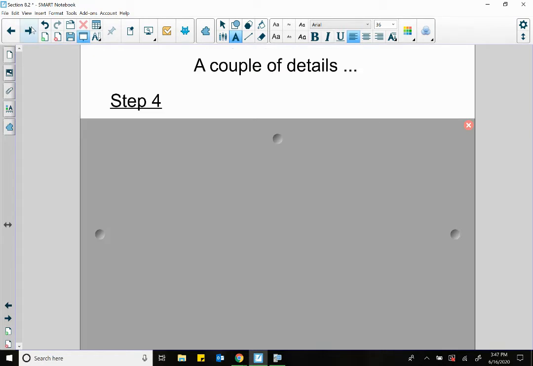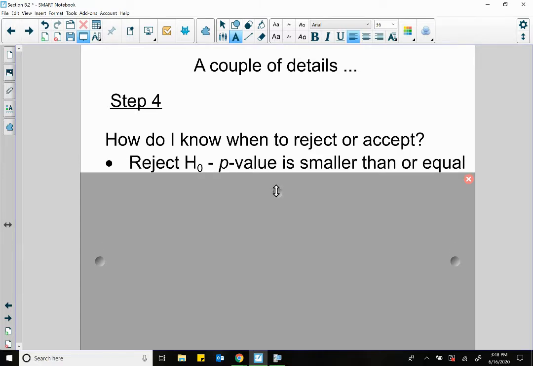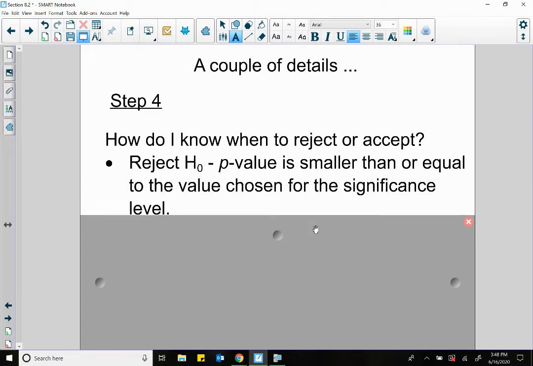All right, so step 4. Couple pieces of information in here about the interpret. How do I know when to reject or accept? This is all about that p-value, so it's important. You will reject the null hypothesis when the p-value is smaller than or equal to the value chosen for the significance level.